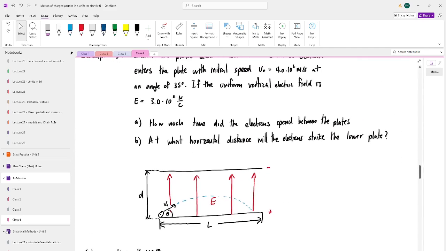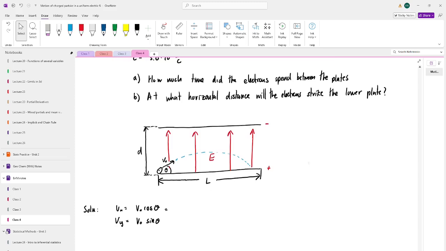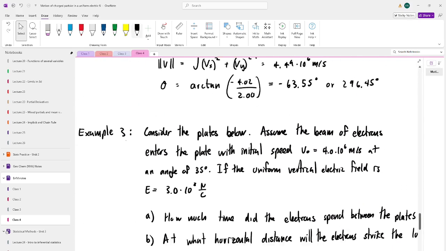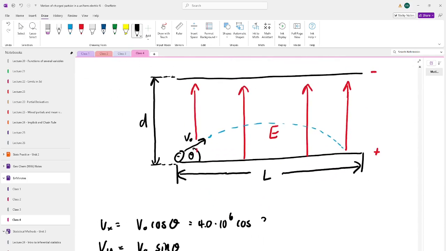V0 is 4.0 times 10 to the 6, and the angle at which it's leaving is 35 degrees. For the x component it's cos, and for the y component it's sine.